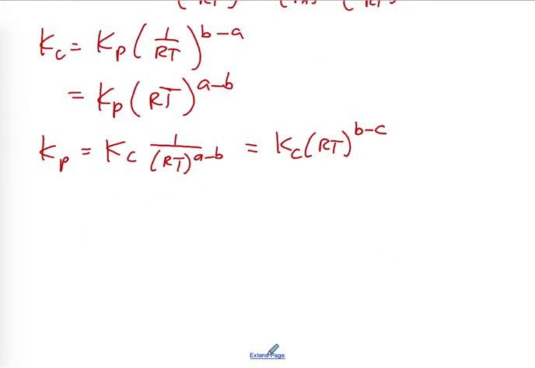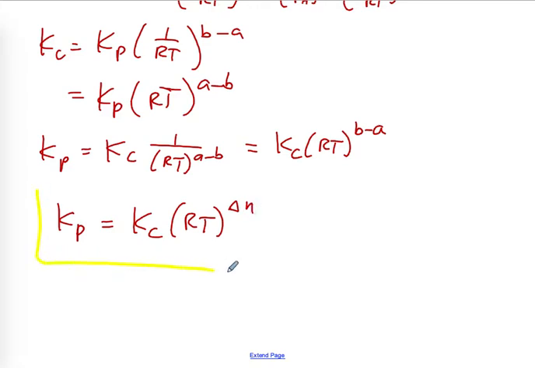Now, that's b minus a. b minus a is the coefficient of the gaseous product minus the coefficient of the gaseous reactant. So I can summarize this as Kp equals Kc times RT to the delta n.